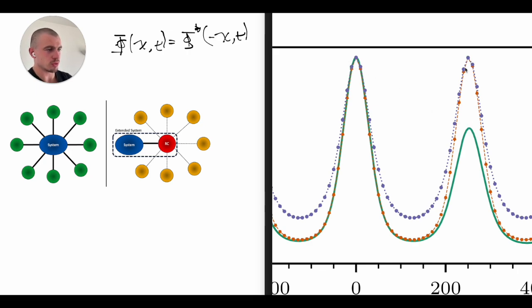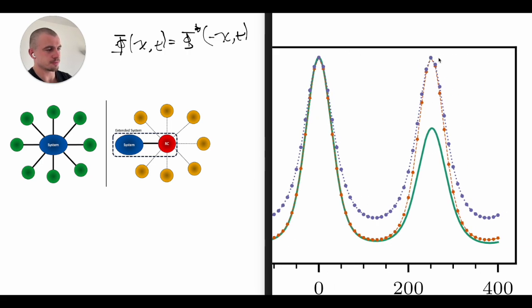Whereas for our orange and purple curves, which are based on our approximate master equation, you can see that there's no decay. And we think that this is due to approximations which are made during the derivation of the master equation. So ideally, one thing which would be nice to do would be to take out any approximations that we made to higher order in the interaction Hamiltonian between the extended system and the residual bath.